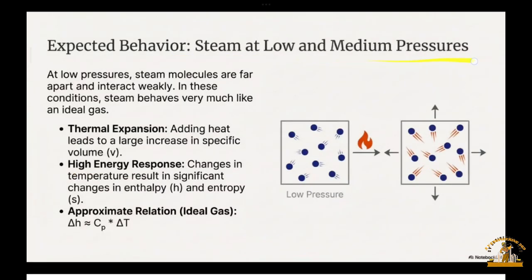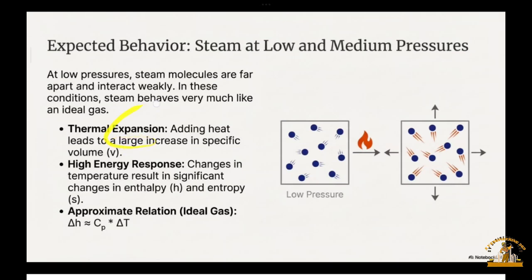Expected behavior: steam at low and medium pressure. At low pressure, steam molecules are far apart and interact weakly. In this condition, steam behaves very much like an ideal gas.